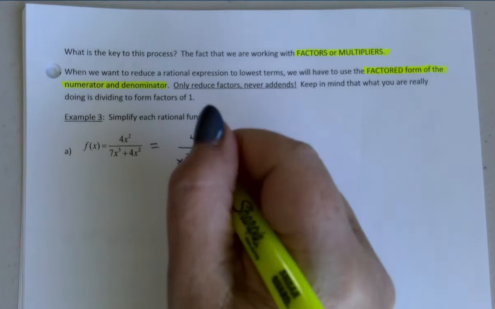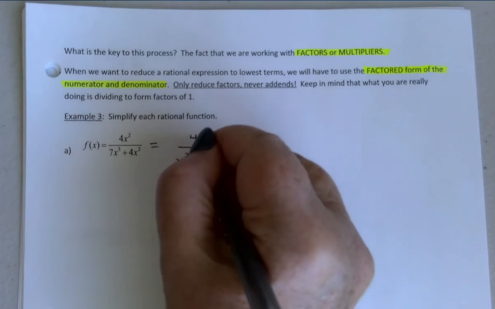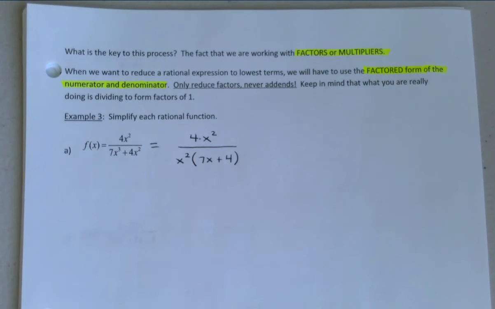Notice that now this is 4 multiplied by x squared. This is x squared multiplied by 7x plus 4. So I do have those multipliers, which I can divide out. Okay? I won't always write out this step, but I just want to show you.